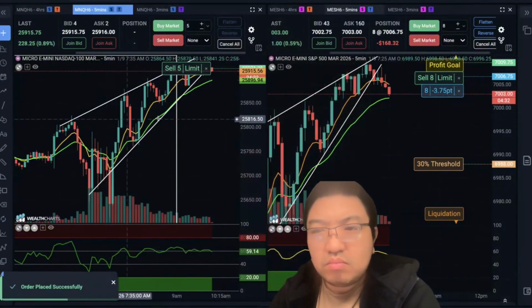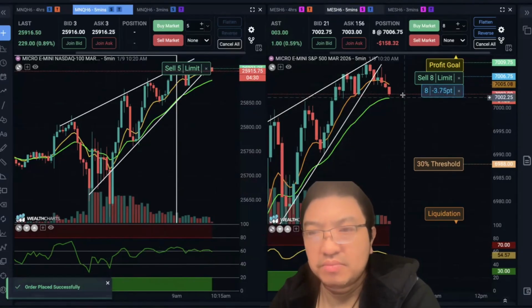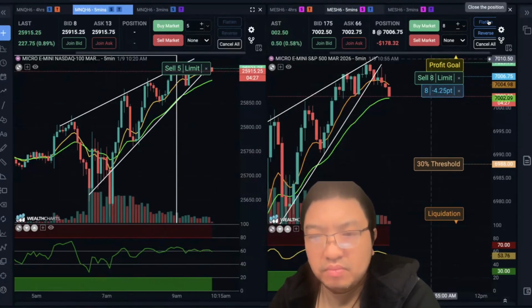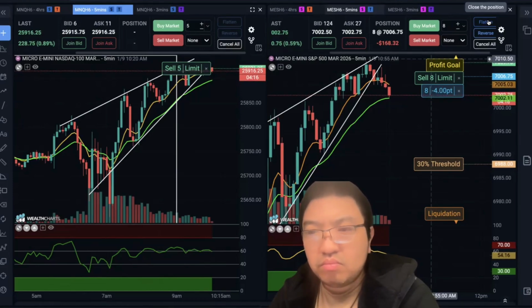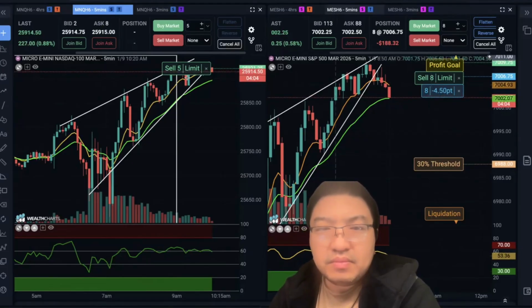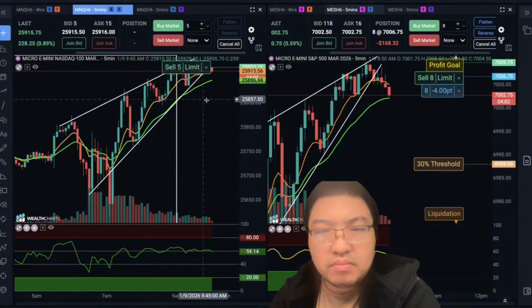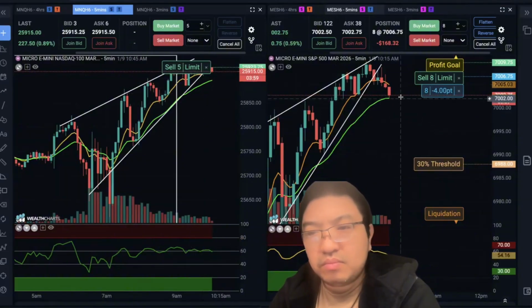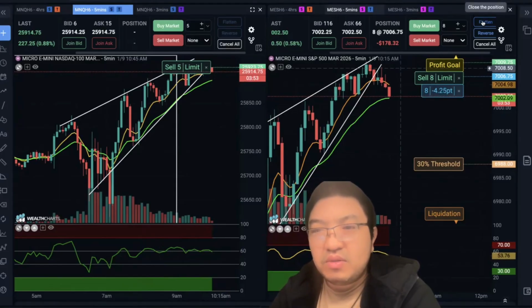Some resistance here. Some support steps in. We'll see how EMA 21 defends.